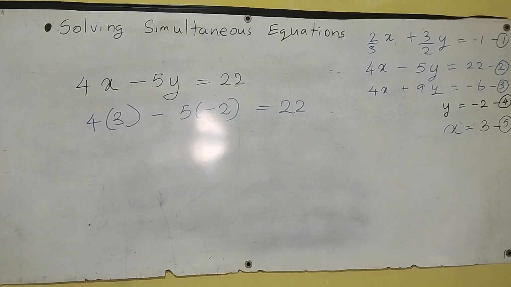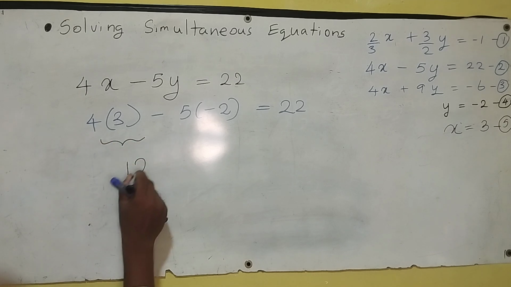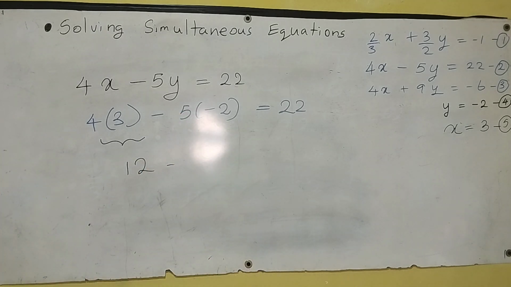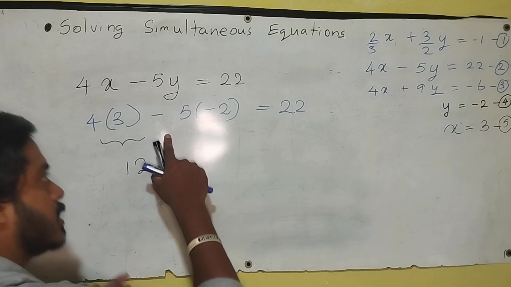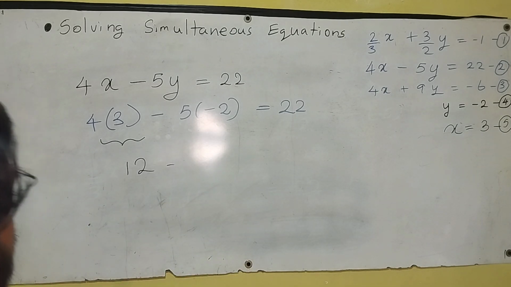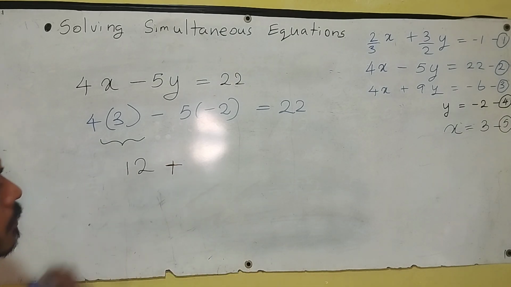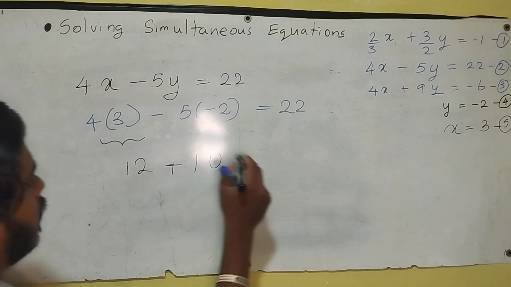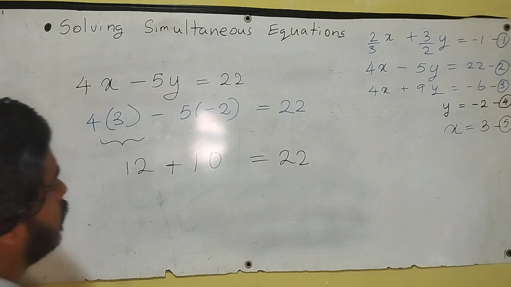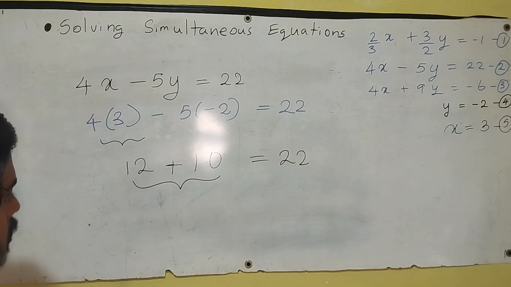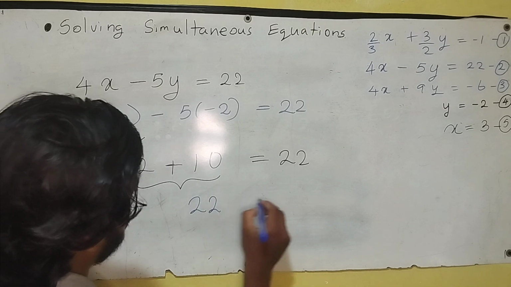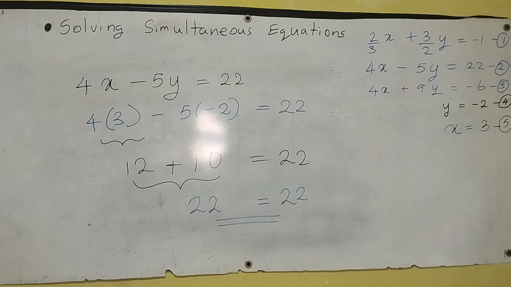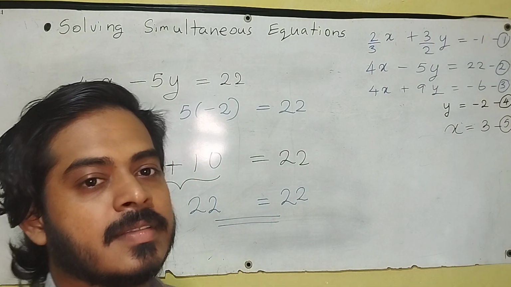Now what happened? 4 multiplied by 3 is 12, minus multiplied by minus we obtain a plus value, 22. This is also equal to 22. Then these unknown values are correct.